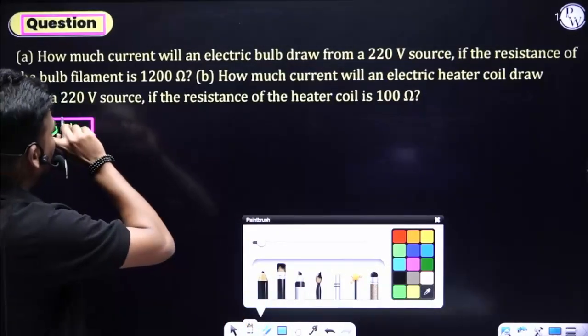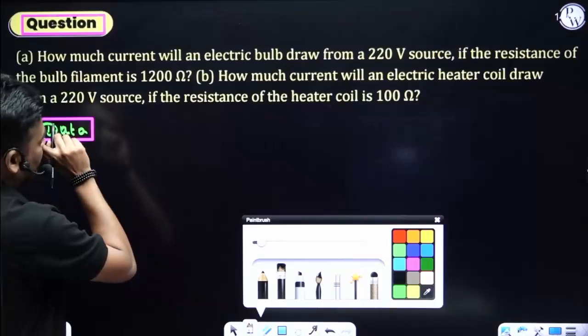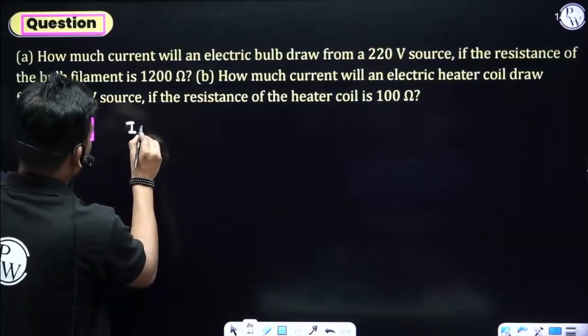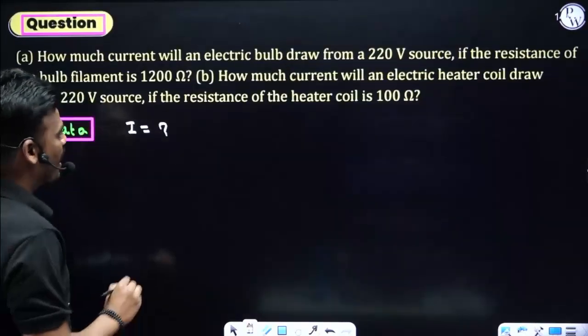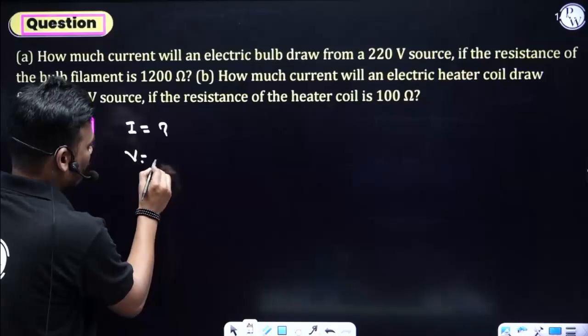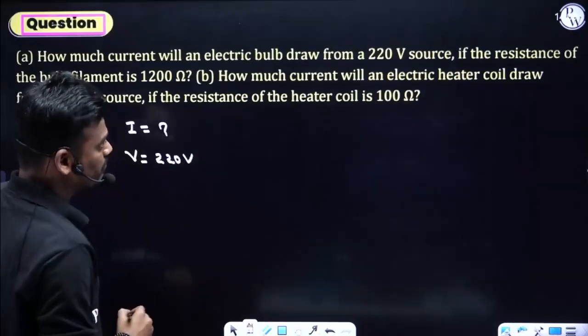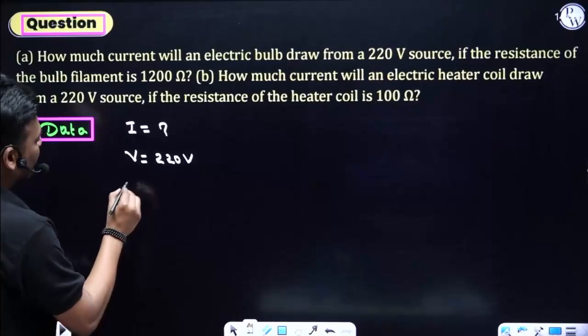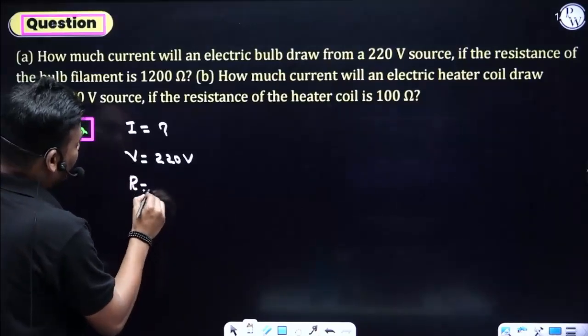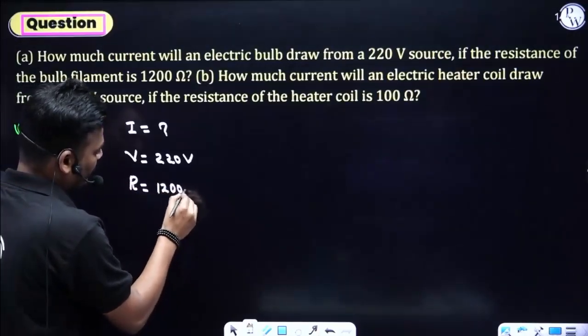The first one, how much current will an electric bulb draw? That means I, we need to calculate. The voltage they have given, that is the potential difference, 220 volt. And the resistance of the bulb filament they have given, 1200 ohm.